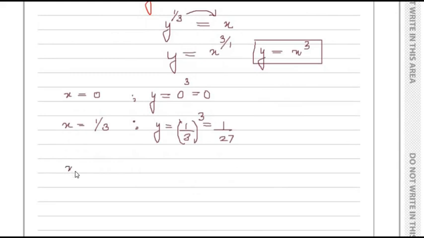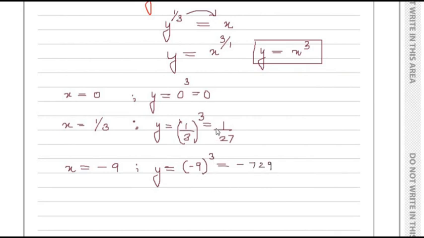And finally we have x equal to negative 9. So we have to substitute negative 9 in place of x. So we get negative 729.